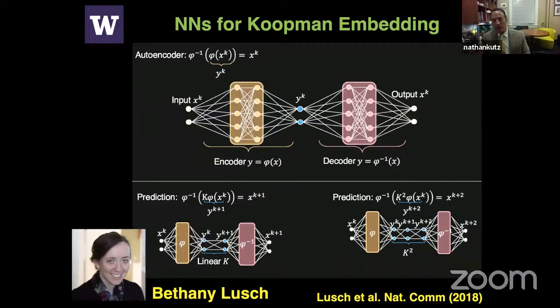Part of what I want to start talking about is this idea of using neural networks in autoencoder structures. An autoencoder is something like what you see here. You're going from an input space to a new space.